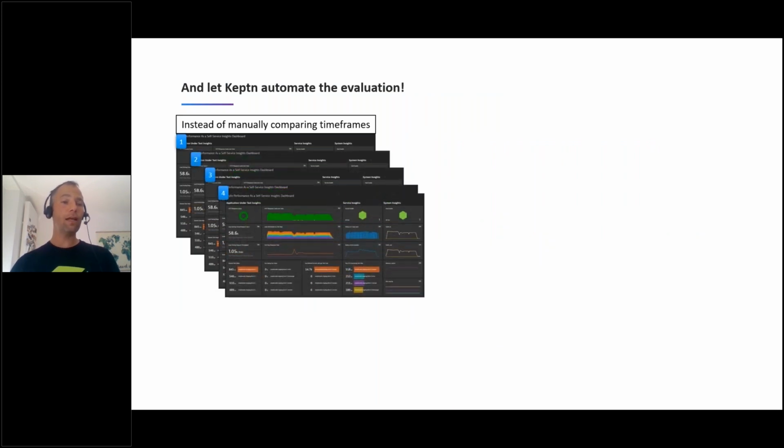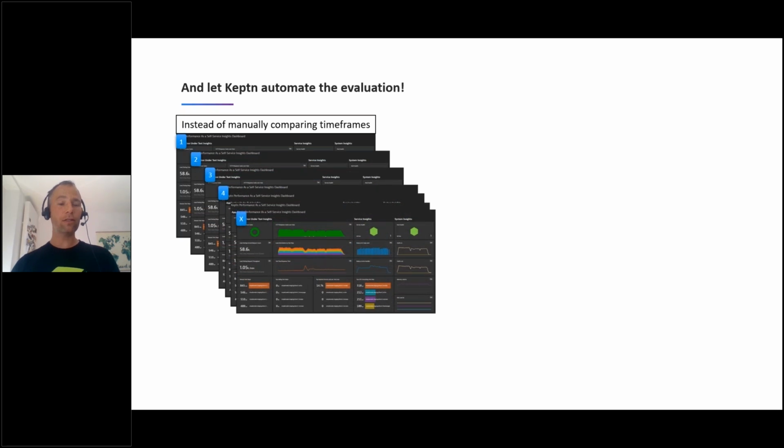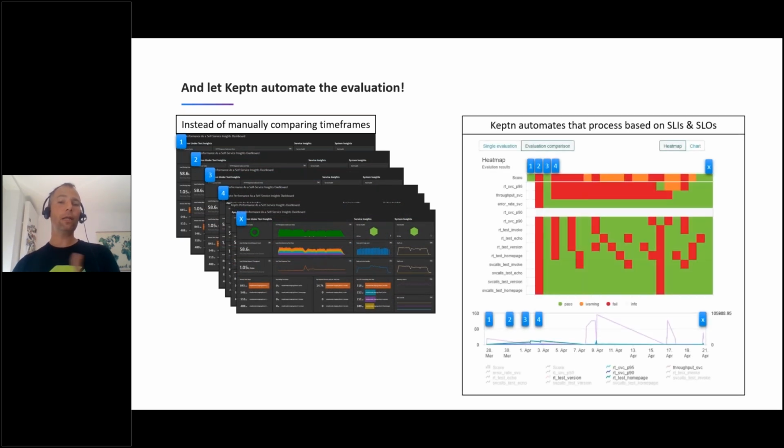If we have the SLI and SLO created out of our dashboards, then we can use Captain, and Captain is really seen as an automation layer on top of Dynatrace in this case, especially this capability of a quality gate. You can say, hey, Captain, you look at the data for me, you compare it for me, and you just tell me how my builds are doing, if it's good or no good.